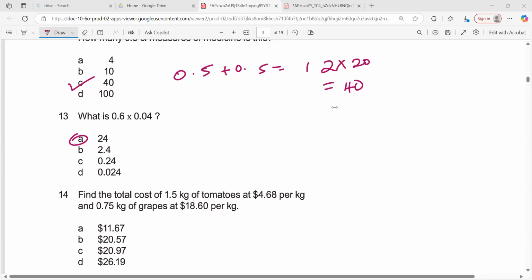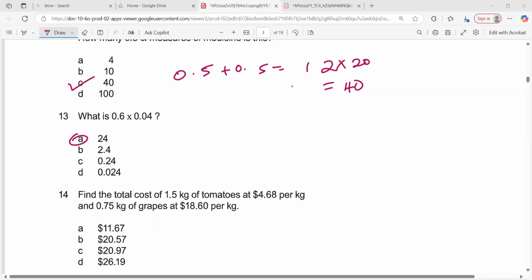Sir, I got D. Sir, I multiplied 4 times 6, which is 24. Yeah, which is 24. So you would put down the 4 and carry the 2.